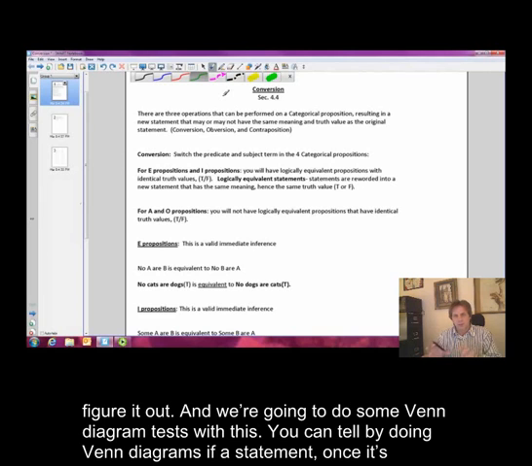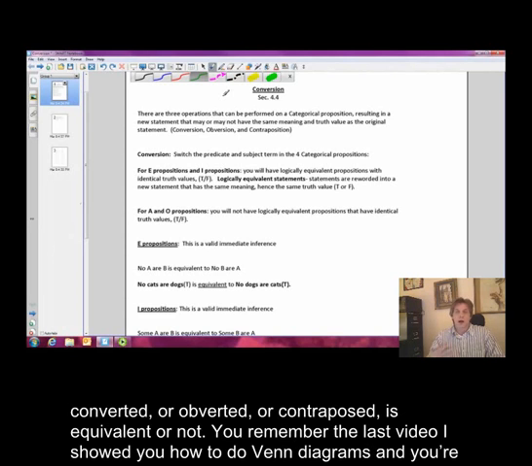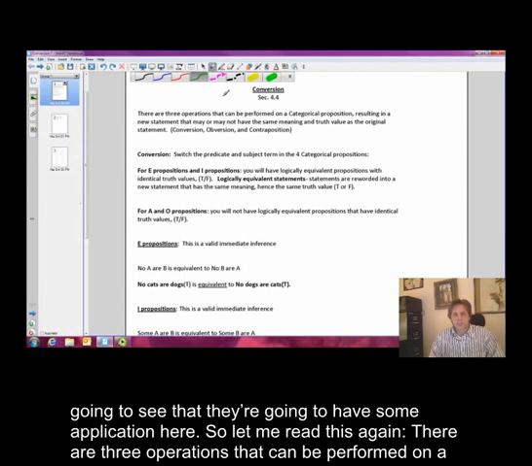You can tell by doing Venn diagrams whether a statement, once it's converted or obverted or contraposed, is equivalent or not. You remember last video I showed you how to do Venn diagrams, and you're going to see that they have some application here. Let me read this again.